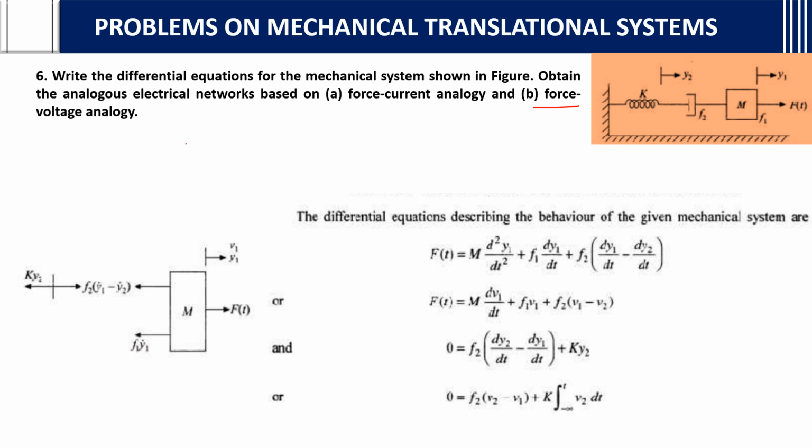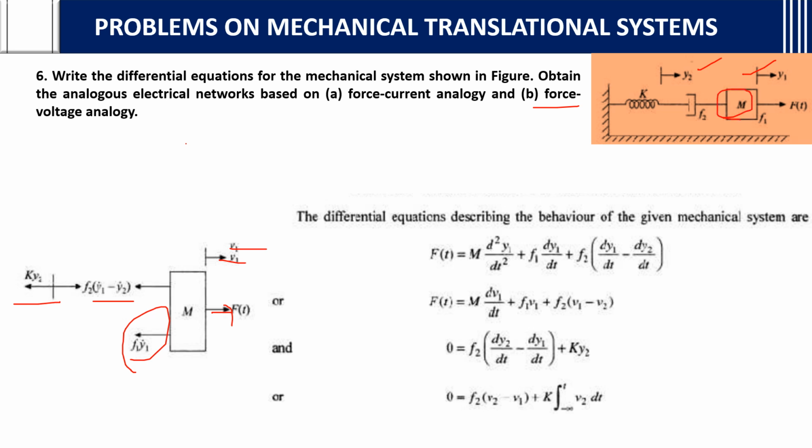I am repeating once again, this is very important. You will write Ky2, F2 into y1 minus y2, because it is between y1 and y2, and for the mass element there is a force F1 v1, which you may forget. This is also important because till now this type of question has not come.